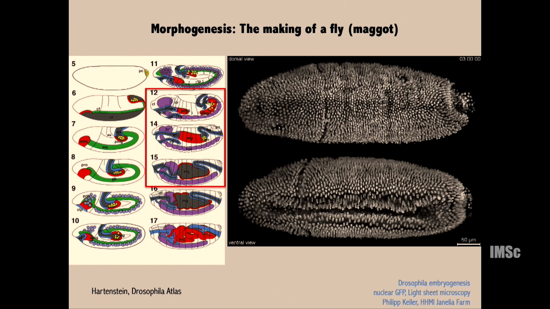I'll use two processes that we study in the lab to highlight the fact that there's a lot of behavioral heterogeneity in these cells, even in cells that are similar with respect to the genomes that they express.